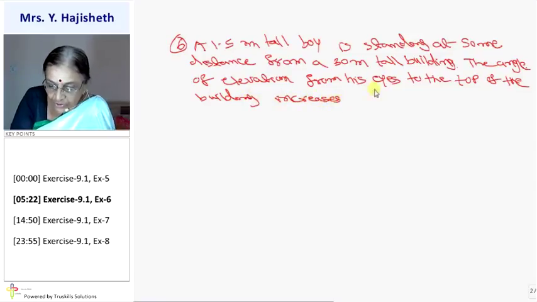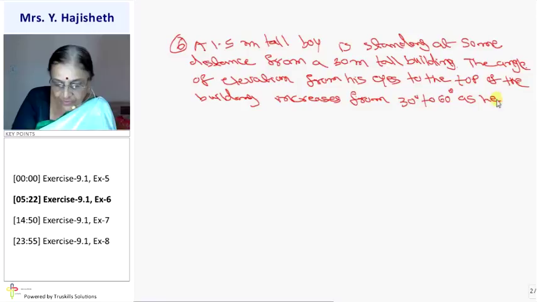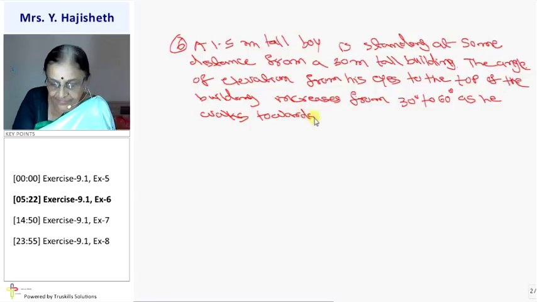First the angle was 30 degree, and as you move towards the building it increases from 30 degree to 60 degree as he walks towards the building. Okay, do you understand? Imagine that you are that boy.